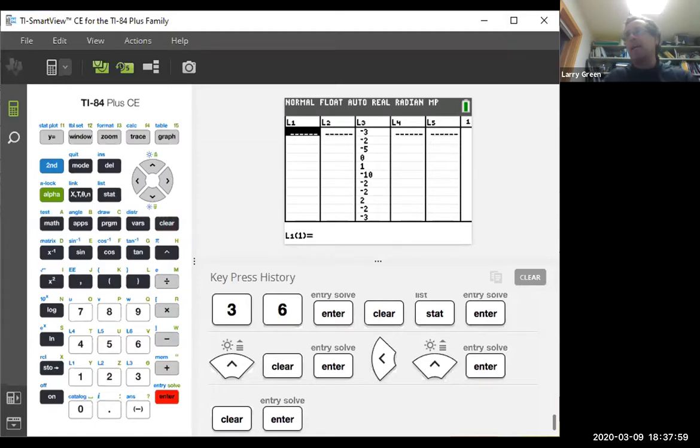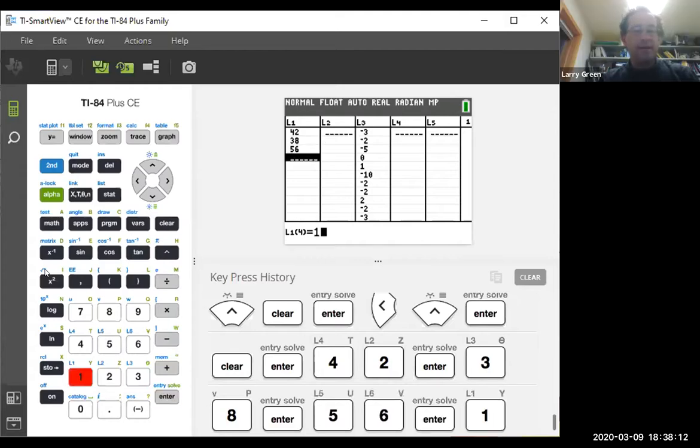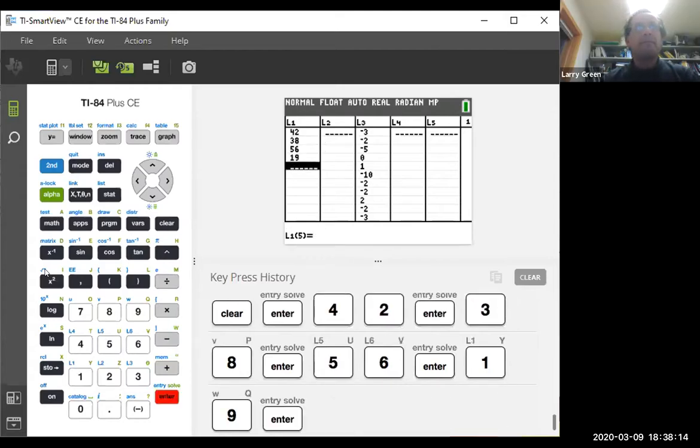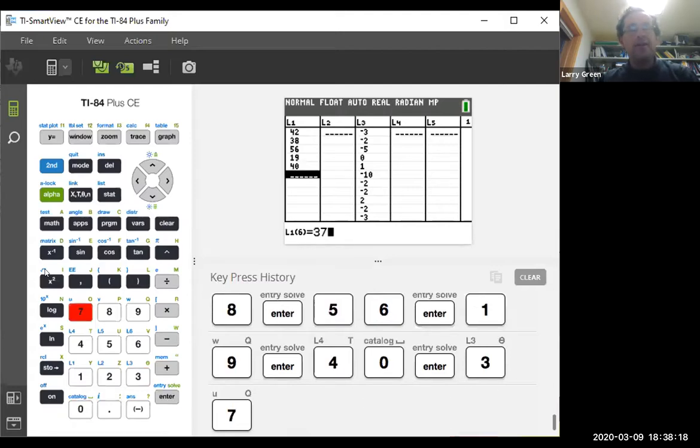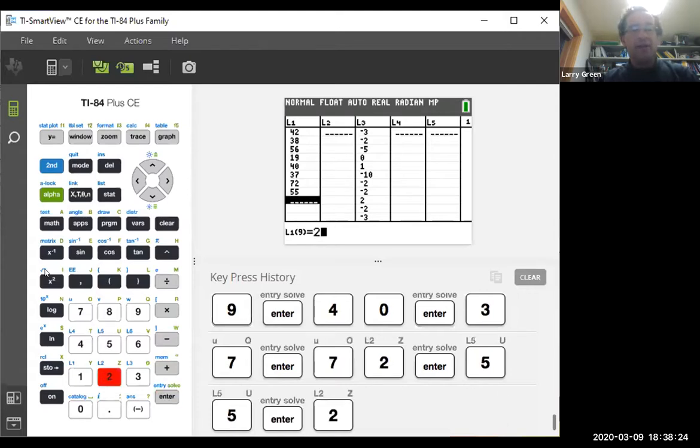So for financial aid, they were 42, 38, 56, 19, 40, 37, 72, 55, and 20.